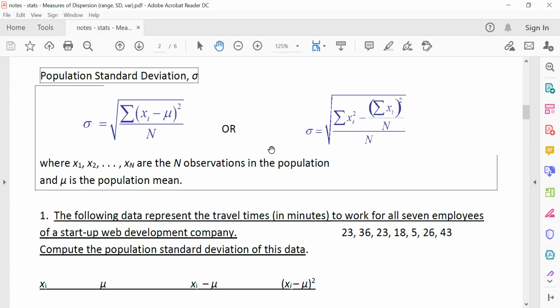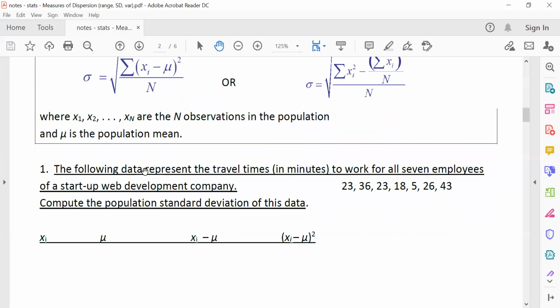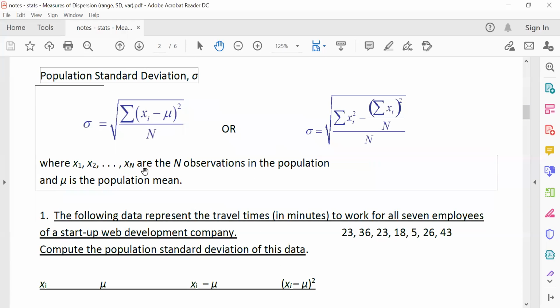So there's a couple formulas for it, but I'm just going to give you a hint right now. We're not going to compute the standard deviation straight up using the formula. Why? Because I think it's just really a pain in the butt. To demonstrate that, I will compute this with you guys. Say you have a population's worth of data. Let's say that these 7 employees here represent a population.